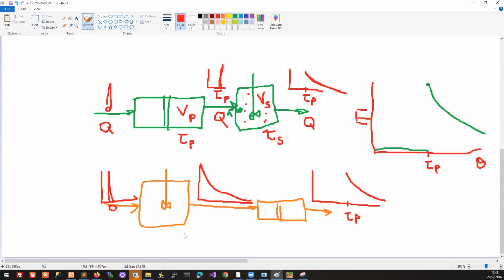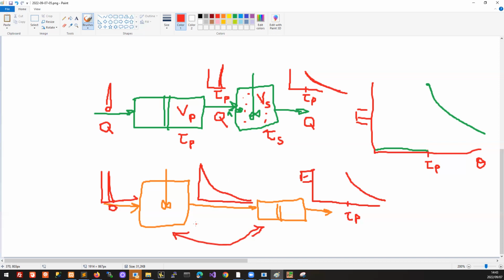So in the case of CSTR first, you get the same curve as over here. So you get the same E of theta function. So it doesn't matter what order you put these in, you will get the same RTD. So the RTD is actually the same no matter which way around you do it.